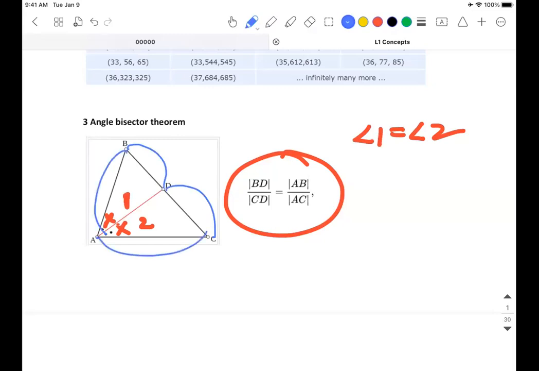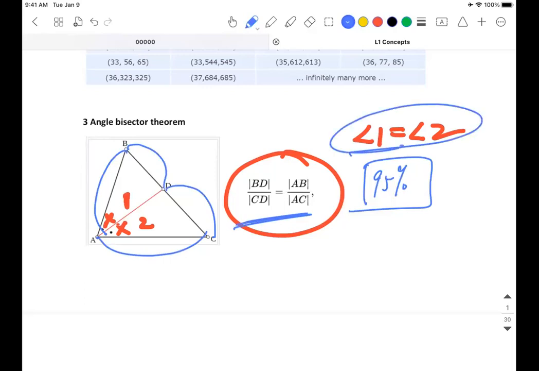This is the basic property of the angle bisector theorem. Trust me, this is extremely important. I can't say 100%, but almost 95%: as long as the problem gives you an angle bisector, the question is going to test you on the angle bisector theorem. Like I said, equal angles are not that important, but the angle bisector theorem is extremely important. Bear in mind, this is going to help you a lot in your math competition.